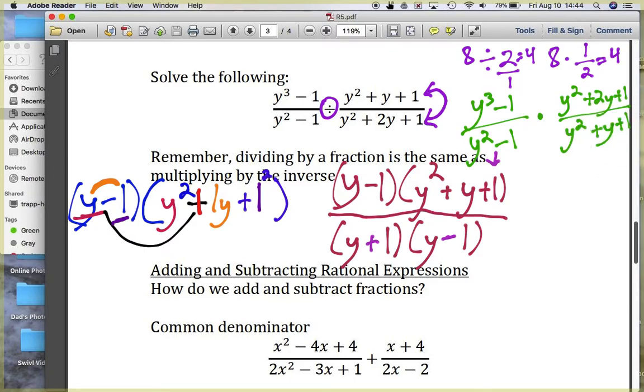So if it matches that bottom, there's no need to factor because they're going to cancel each other out anyways. And not to mention it won't factor. But it's nice and easy when you can already see that they're going to cancel, right?